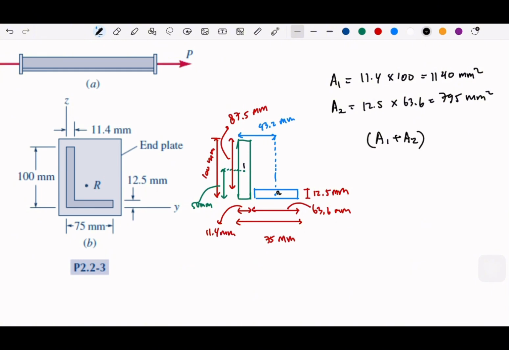Okay, first we are going to take the YR, which means this axis, we want to know which one. And the second part, we would like to know the z-axis. So let's say we want to know the y-axis first.